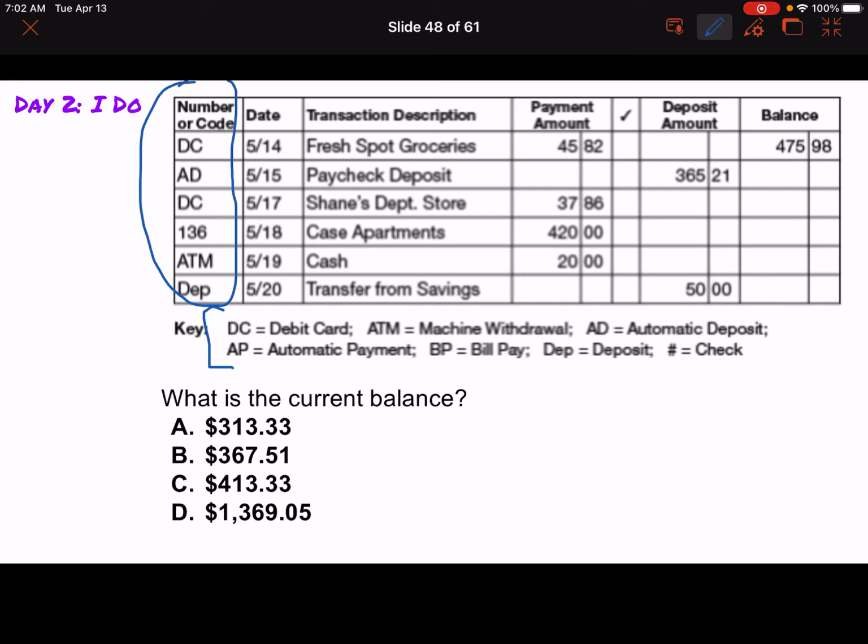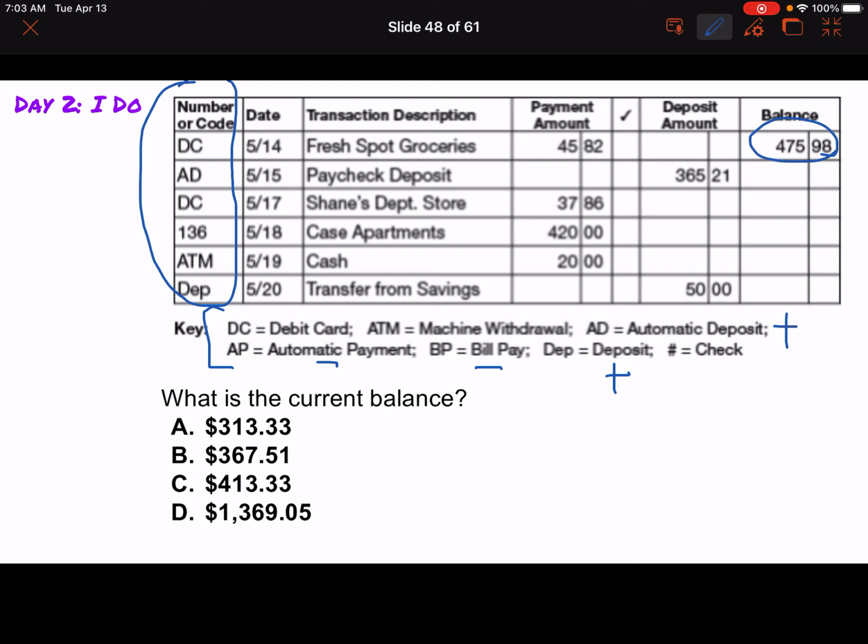DC means use of debit card, ATM means machine withdrawal, AD is automatic deposit, so we're profiting. AP means automatic payment, which means money is going out. Bill pay, subtract, withdrawal, deposit is positive again. And there's a date, and there's a transaction description, and the payment amount, and deposit, and our total balance.